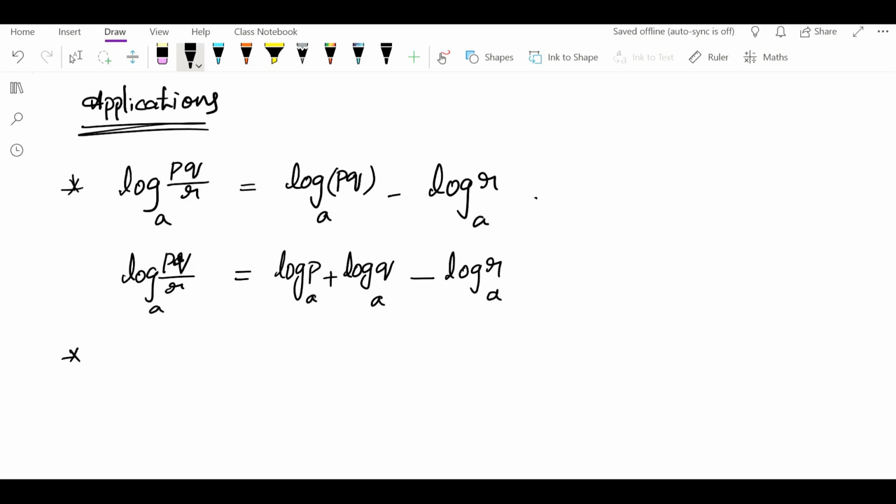One more application. Log p by q base a is equal to log p base a minus log q base a.